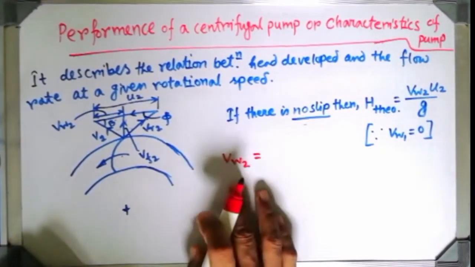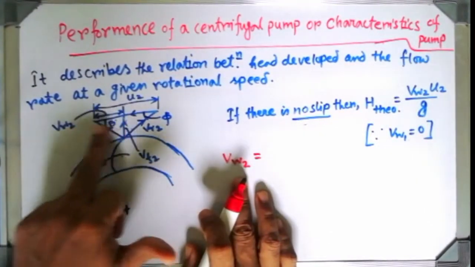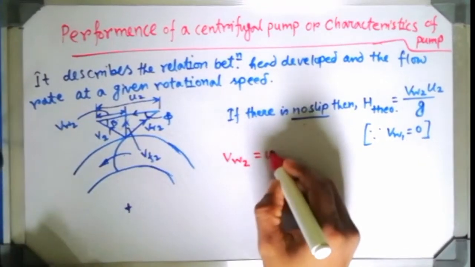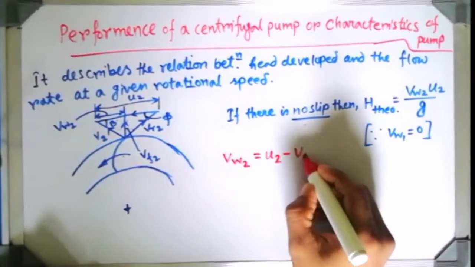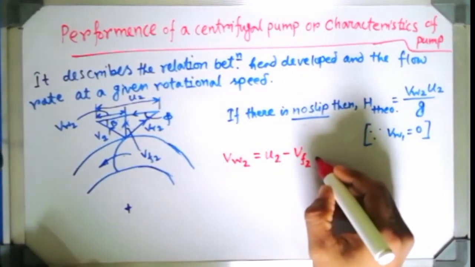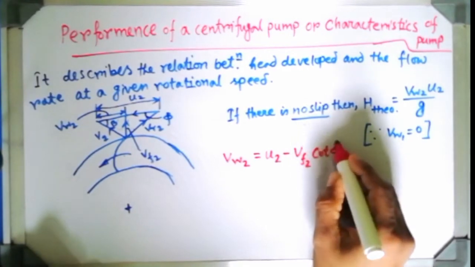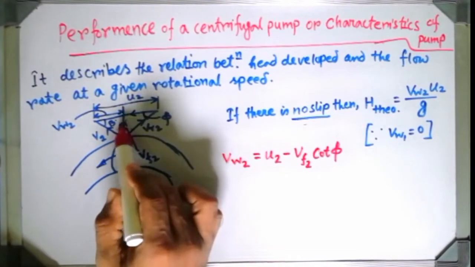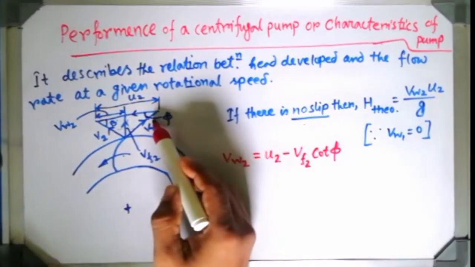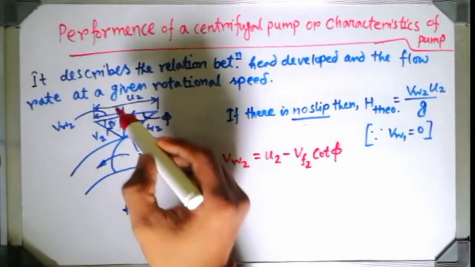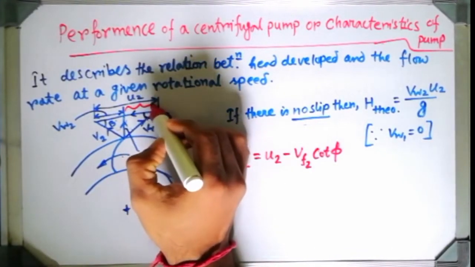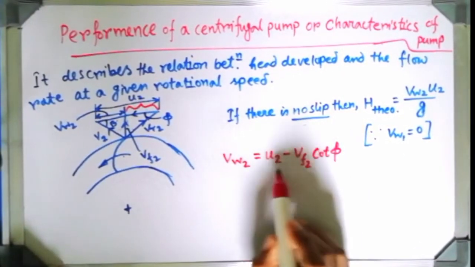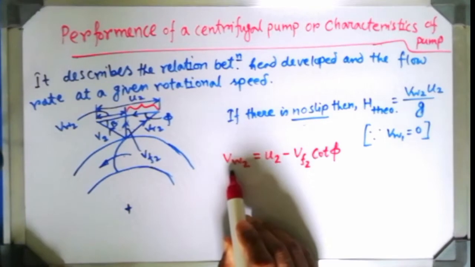If I write this VW2 component, that means the tangential component of this V2, can I write like this way, U2 minus VF2 cot phi, because VF2 is the perpendicular component or axial component of V2 and phi is this angle, so VF2 cot phi means this part is VF2 cot phi. So if I eliminate VF2 cot phi from U2, obviously we will get VW2.